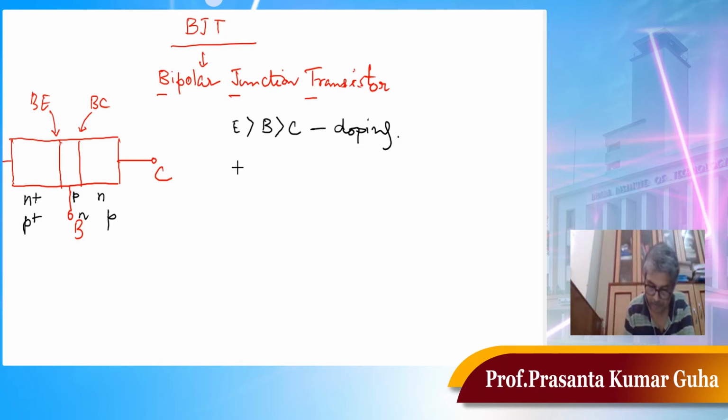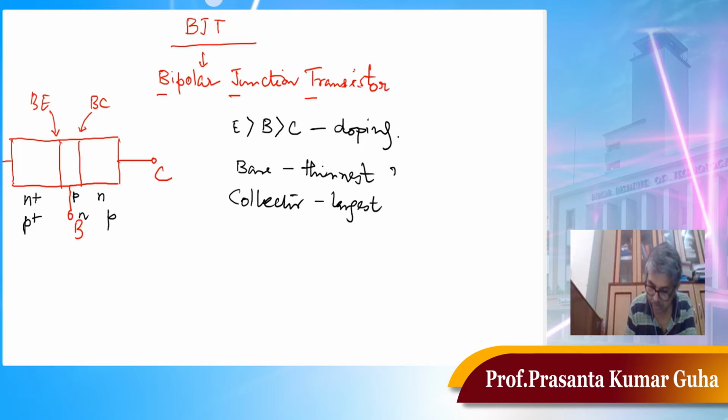Area wise, base is the thinnest, and collector is the largest. Okay, so these things we have discussed in the last class.